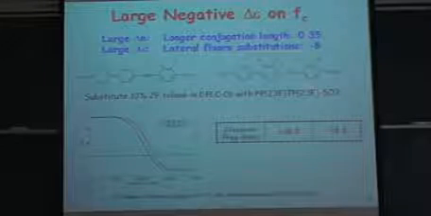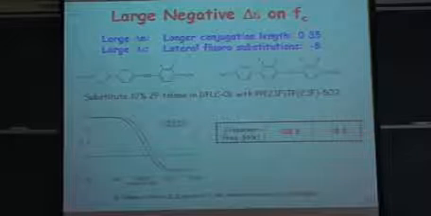So with a larger negative value, delta epsilon helps the whole dielectric relaxation curve shift to the negative region, and as it shifts, the crossover frequency decreases. So we substitute 10% of this difluoro structure with two pairs of difluoro structure. We get the crossover frequency from 28 kilohertz to 18 kilohertz.